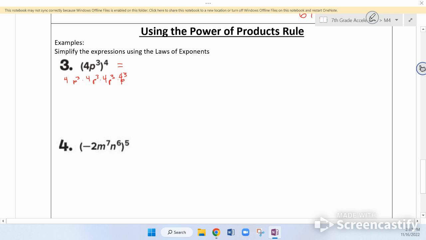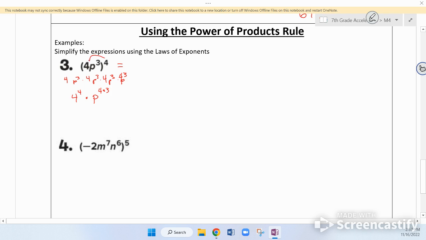So that ends up giving us four 4s and four sets of 3 p's. Or we could do 3 plus 3 plus 3 plus 3, but isn't it easier just to do 4 sets of 3? Okay, so we end up getting 4 to the 4th times p to the 12th.